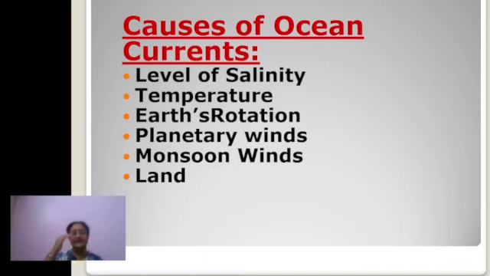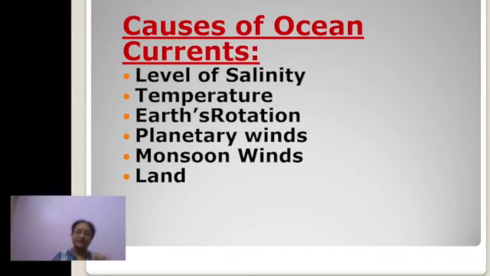As compared to that, any ocean in the polar region will naturally have low temperature. So variation in temperature is also one big factor in causing the movement of ocean currents. So number one was level of salinity, number two is temperature variation.